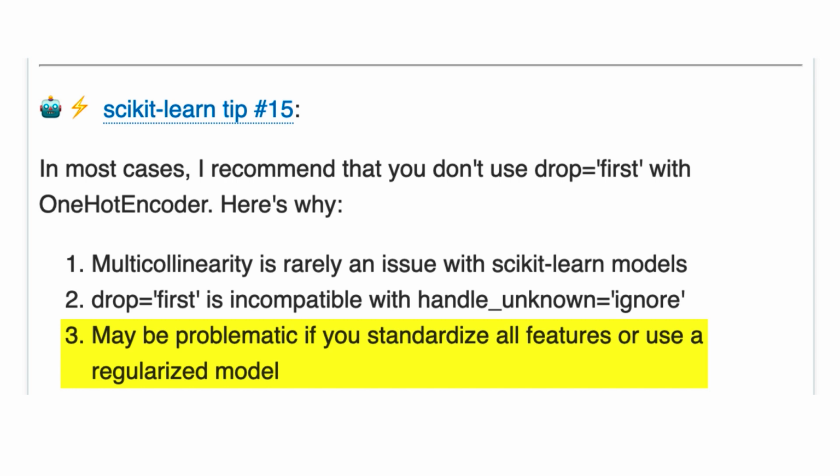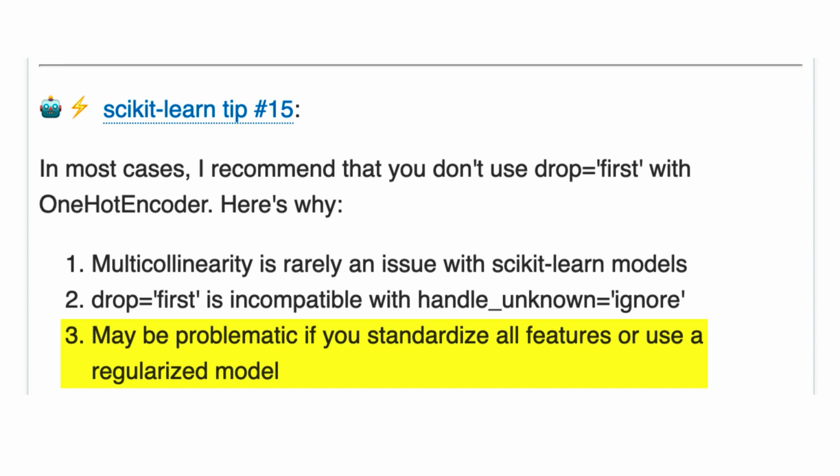Okay. Now let's talk about regularization, which is common in scikit-learn models. If you pass one hot encoded columns to a regularized model, regularization is no longer going to work properly if you've dropped a level. And it's kind of similar reasoning.